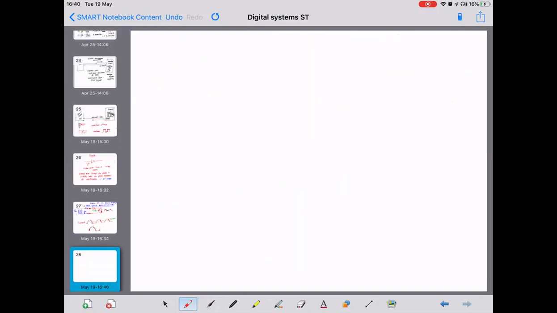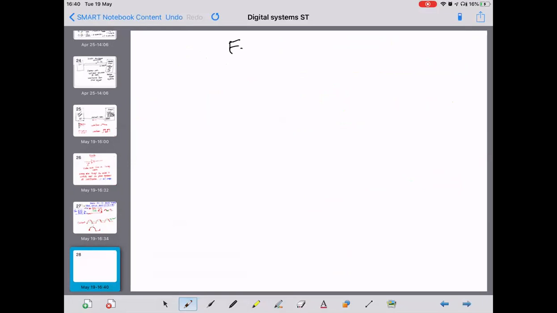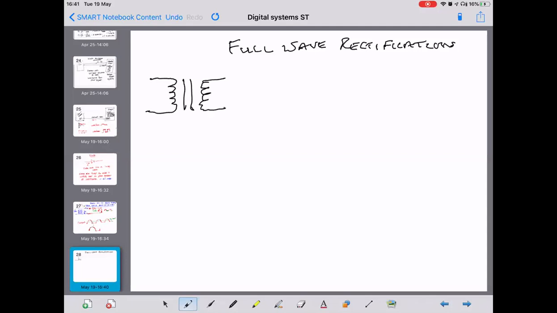So how do we do full wave? Right. Again, we'd have our transformer, 230, 16. Yep.